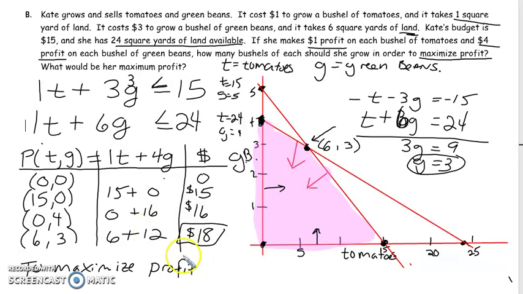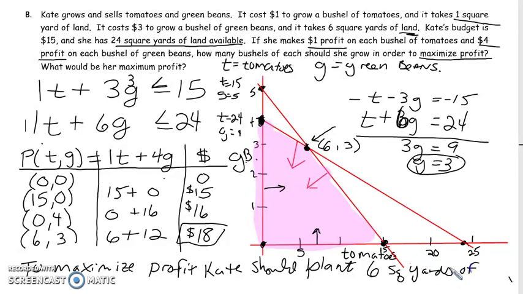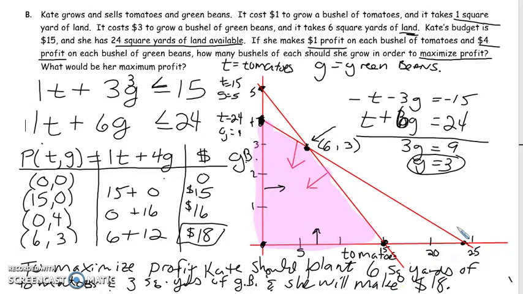To maximize profit, Kate should plant 6 square yards of tomatoes, and what was it, 3? 3 square yards of green beans, and she will make $18 profit.